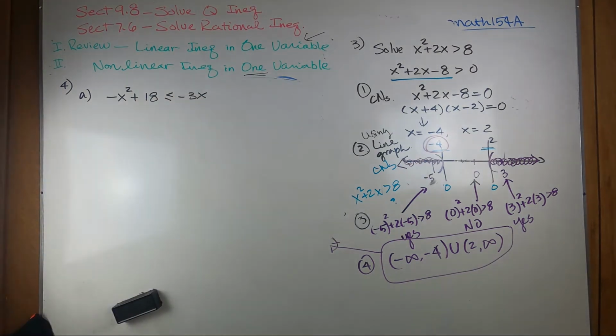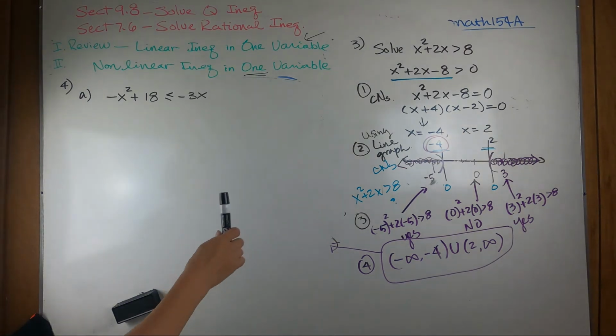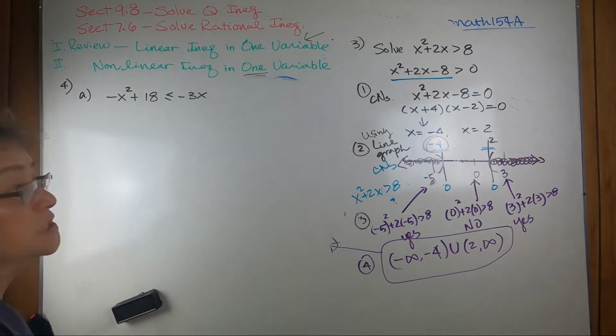So what's the first step? Write it in standard form and find your critical numbers with the equations, not the inequalities.